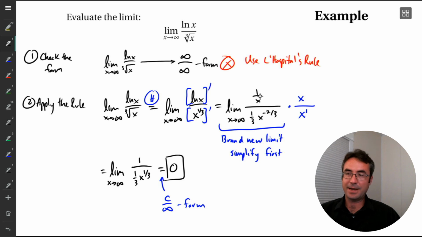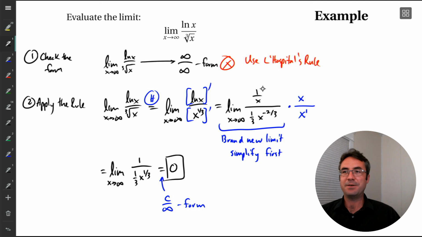And if you were to go back to this step, if we hadn't simplified, 1 over x would go to 0. And then this negative exponent here, we could write that as a fraction. So if we didn't simplify, we would end up with a 0 over 0 form. And then we would just apply L'Hopital's rule. We would end up with larger negative exponents. And so we'd go down the rabbit hole of keep applying L'Hopital's rule, and our function just becomes more and more complicated.